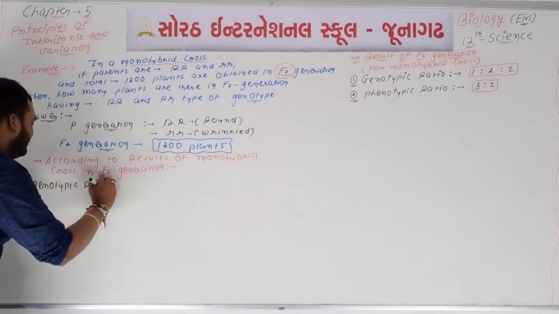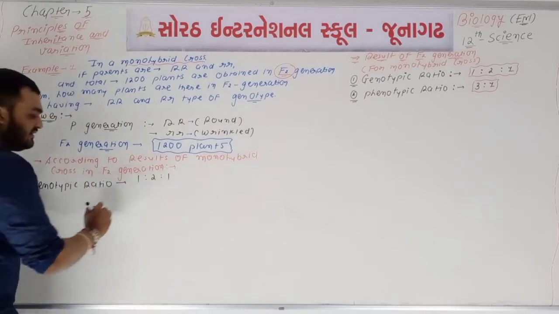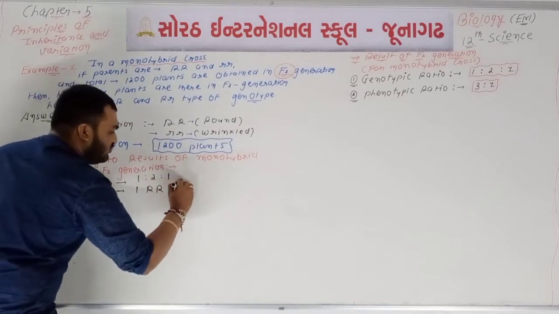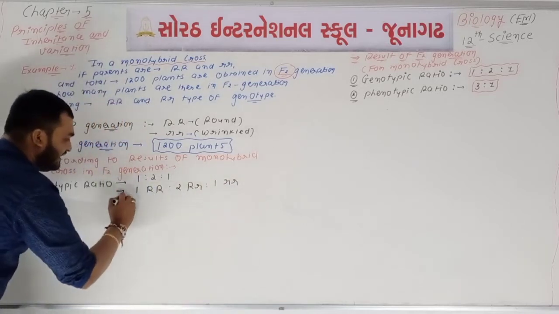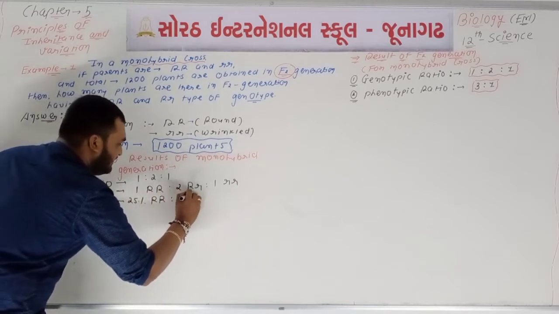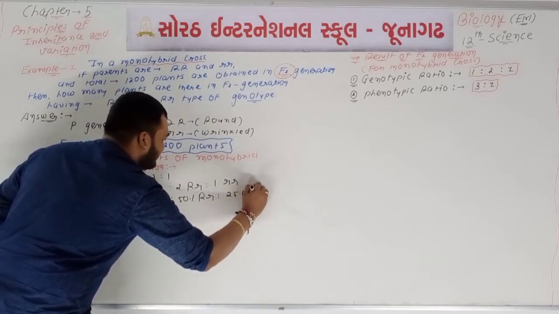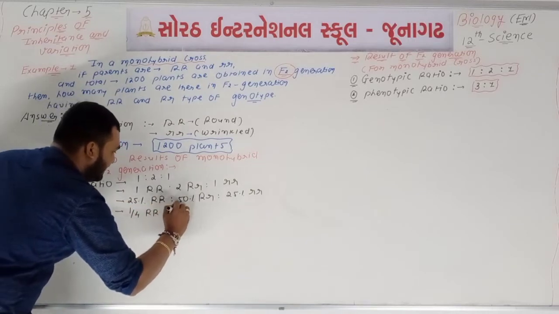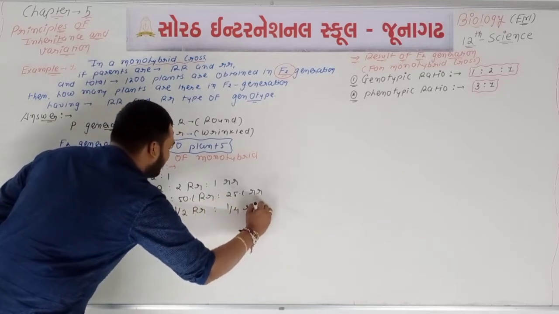It is 1:2:1, but here we can write 1 capital R capital R is to 2 capital R small r is to 1 small r small r, which is equal to 25% capital R capital R is to 50% capital R small r is to 25% small r small r. That means 1/4 capital R capital R is to 1/2 capital R small r is to 1/4 small r small r.